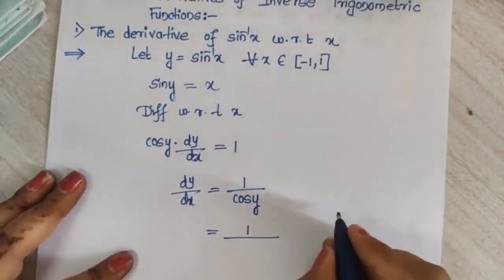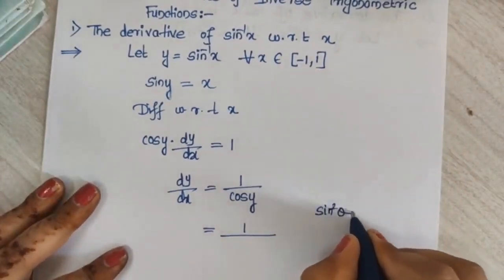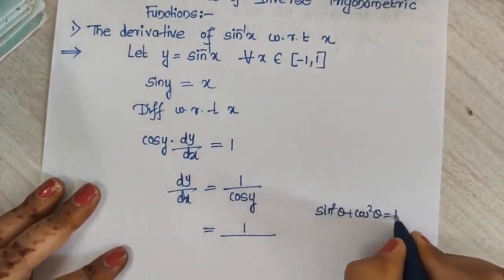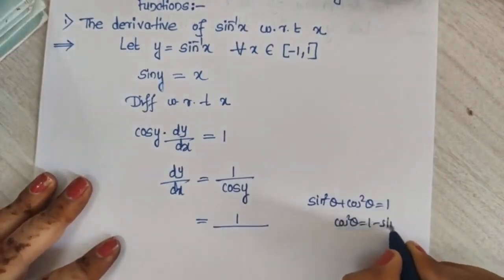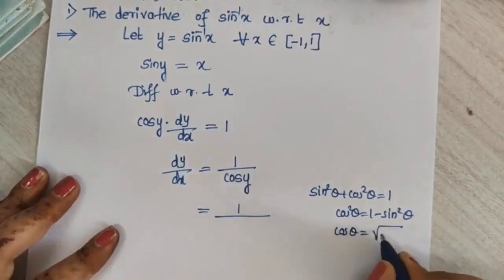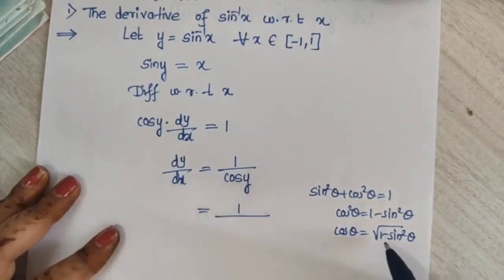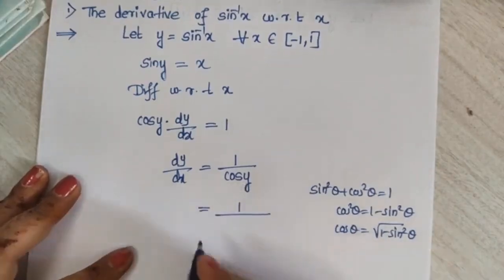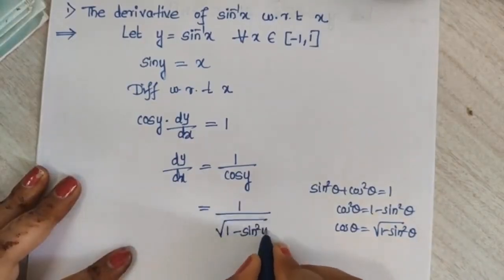So here I'll make use of the trigonometric identity you learned: sin square theta plus cos square theta is equal to 1. From this, cos square theta is 1 minus sin square theta. So cos theta will be root of 1 minus sin square theta. So cos y I'll write as root of 1 minus sin square y.